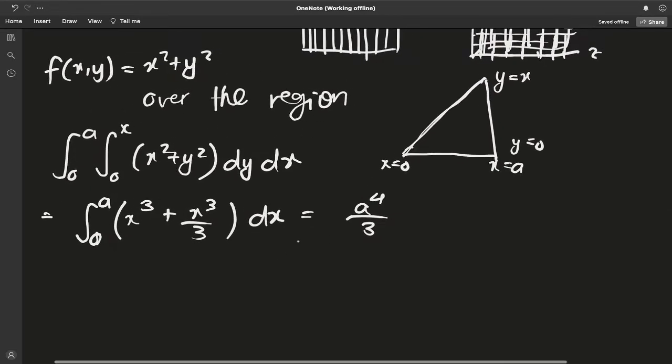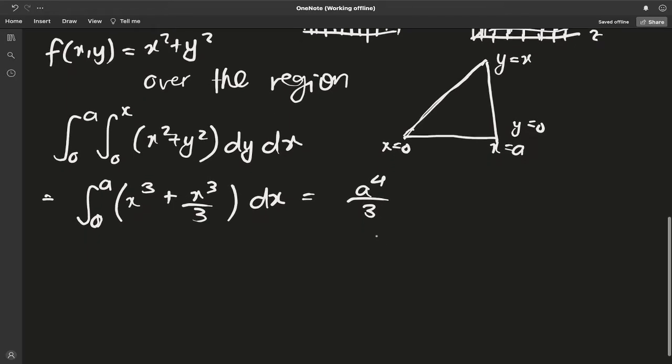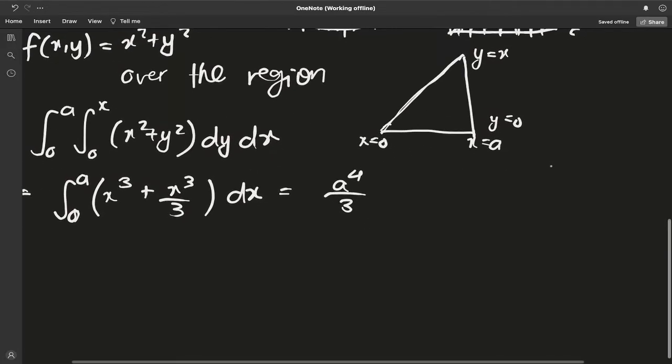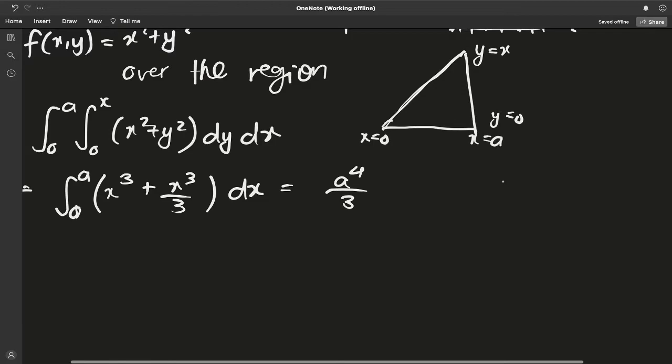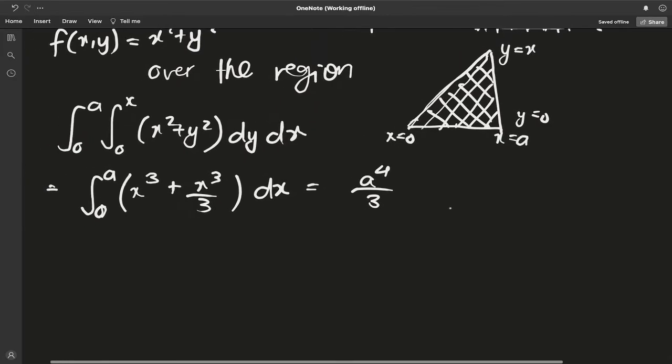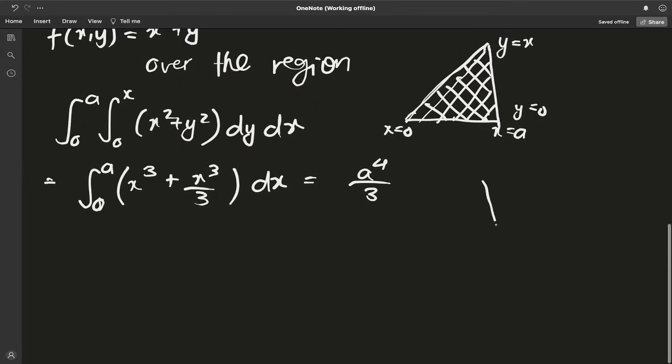And how does this look? Well, it's a volume definitely, because you have a function integrated over some area. The base is going to look like this shaded region here, and the top will look like this paraboloid that x squared plus y squared is.